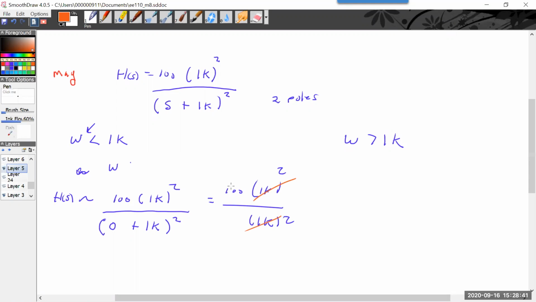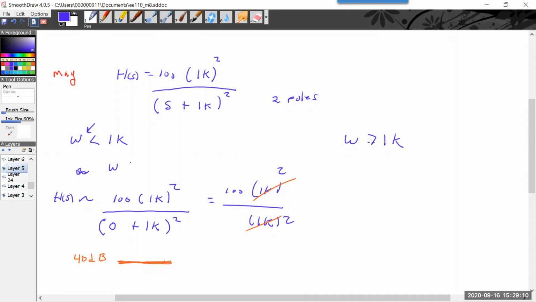Those cancel. We have 100. We take 20 times the log of that, and we get 40 dB. Right, there's no omega in here, so it doesn't change with frequency. So it's just a 40 dB line with no slope.